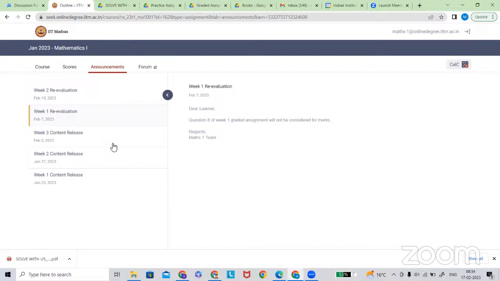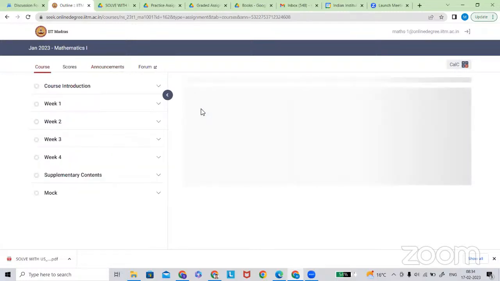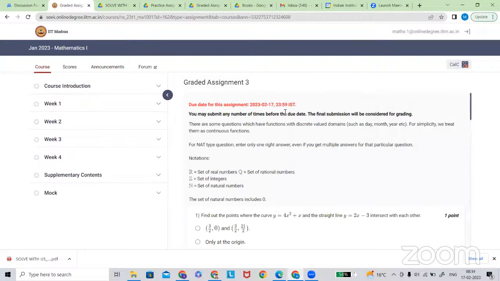Why is it that some are getting the due date as completed and for others it is still there? Hello, sir. Yeah, let me check once. It's showing pending for me. For assignment 3, the due date is over. We also got the marks. Due date pending, sir, but my due date is not over. Yes, my due date is still pending. For me also it is showing the due date is pending on 17 here.